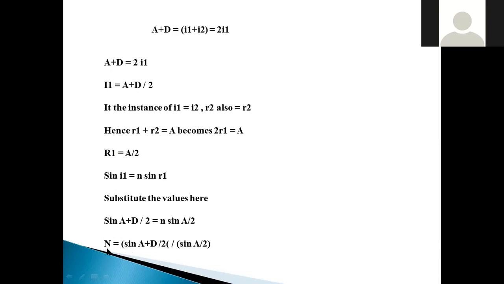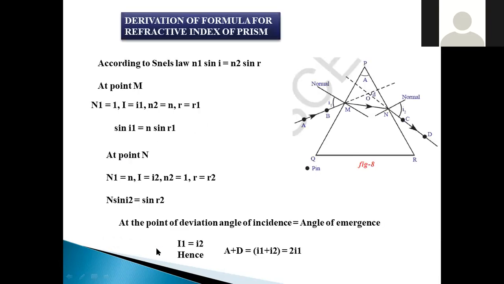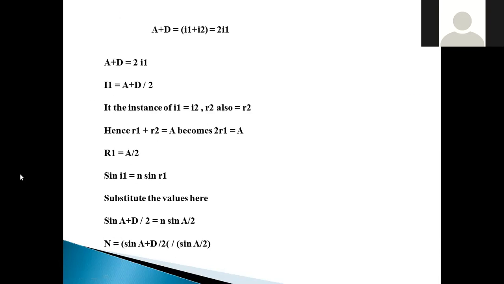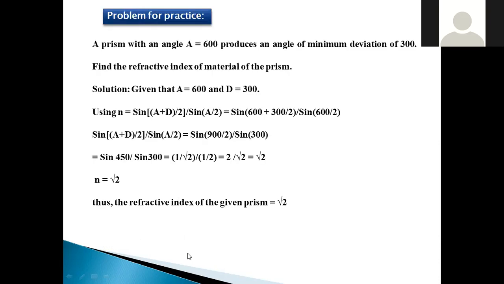Now N is equal to sine (A plus D) by 2 divided by sine A by 2. So this is called the derivation of refractive index of the prism. N stands for refractive index. So the refractive index of the prism is derived in this manner.